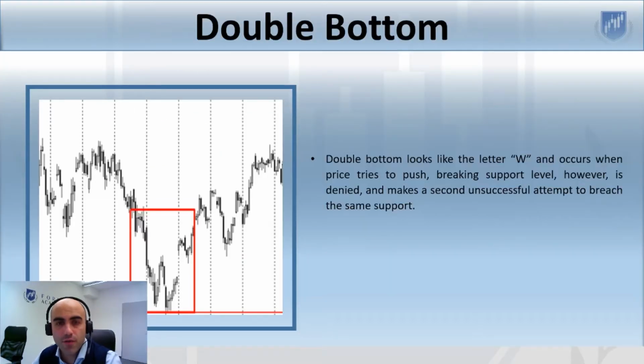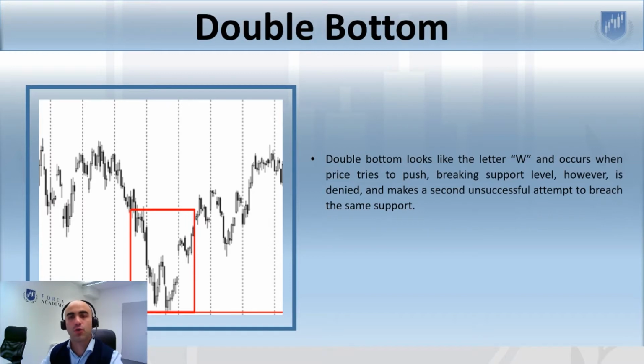The second reversal family pattern that I want to introduce is the double bottom. The double bottom is shaped like a W on a chart and represents a scenario where the market is going to try to reverse the price movement and direction. This occurs when the price tries to push, breaking out of the support level, however is denied, and makes a second attempt which is denied as well, before turning into a change of direction for the specific financial instrument we are trading.